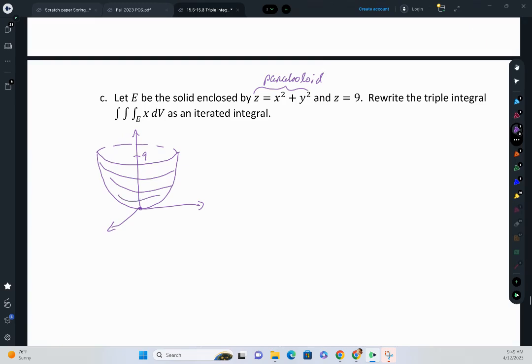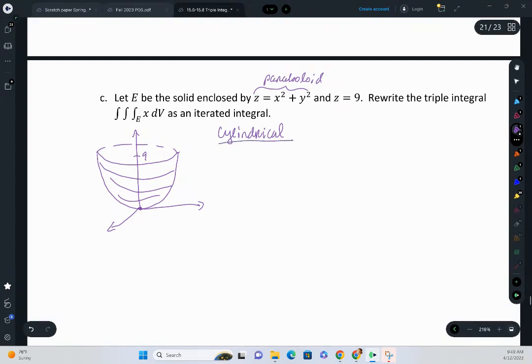It looks like it would probably be easiest to deal with cylindrical with this, because trying to come up with a rho on a paraboloid doesn't really make sense, because I don't have a radial arm on a paraboloid. It would make things a lot uglier here. So I'm going to go for cylindrical.